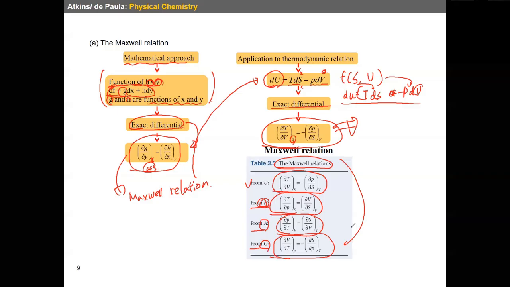The reason I'm doing this is not for you to understand the Maxwell relations, but because we will use these equations in our next slide. For your understanding, I just put this process here, but I don't want you to study all these mathematical things.